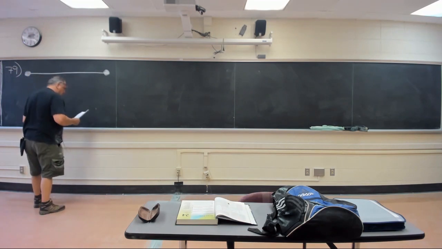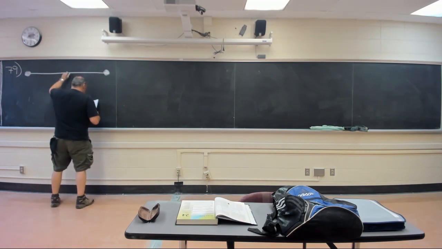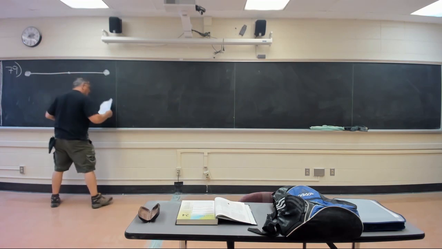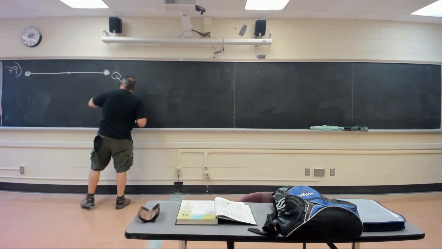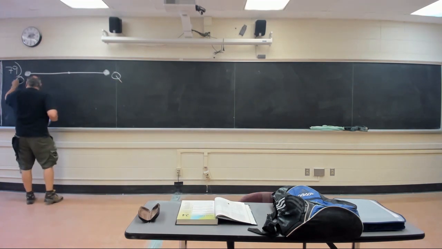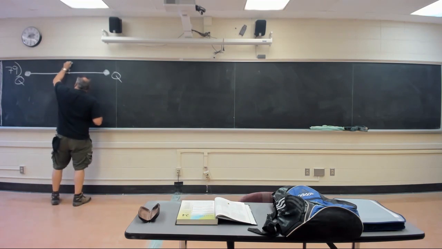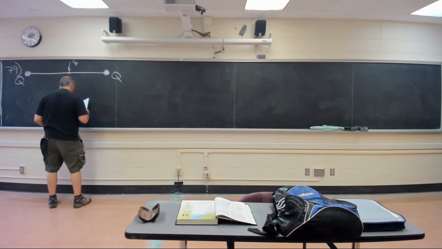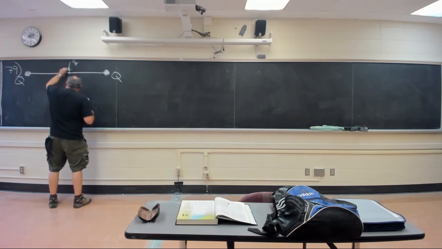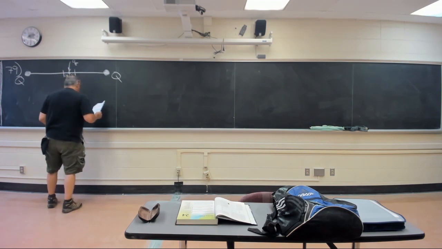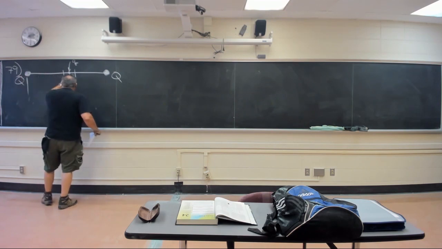Well, here we are, and we've got a charge here. These guys are held in place. It's capital Q and capital Q. There's a small q right here. You're going to displace it a distance x, which is a lot smaller than a.